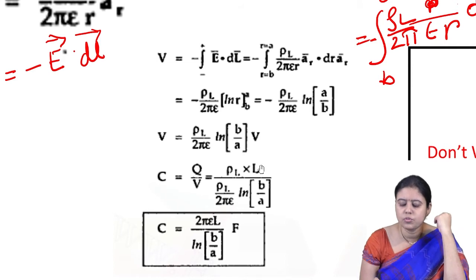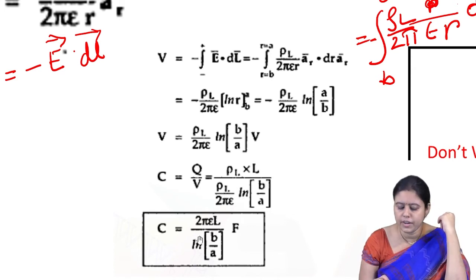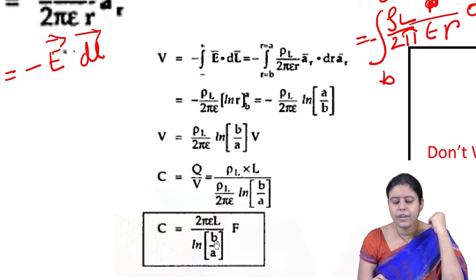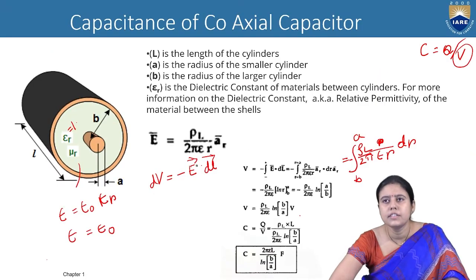So rho L into L by rho L by 2 pi epsilon Ln B by A. Rho L cancels out, so it becomes 2 pi epsilon L by Ln B by A. This is the capacitance of a coaxial cable.